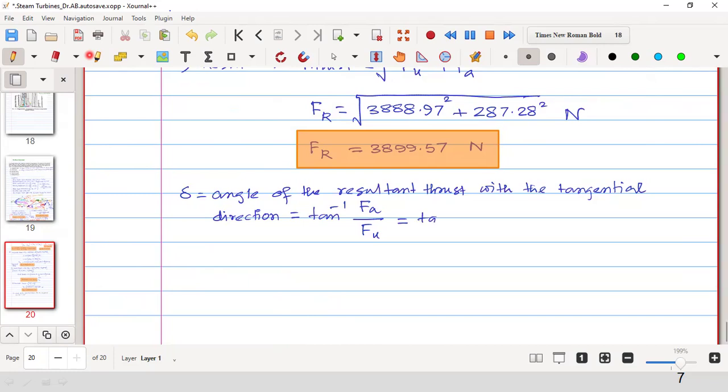So tan inverse of 287.28 divided by 3888.97.